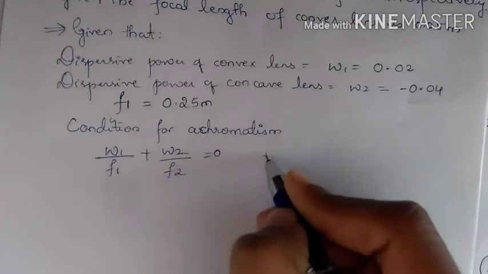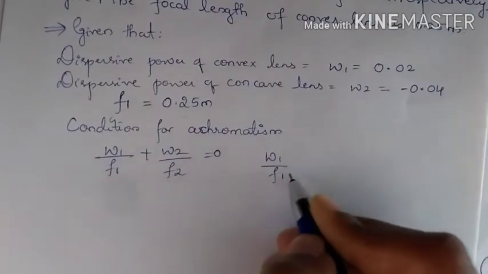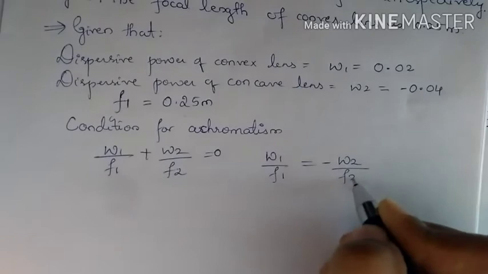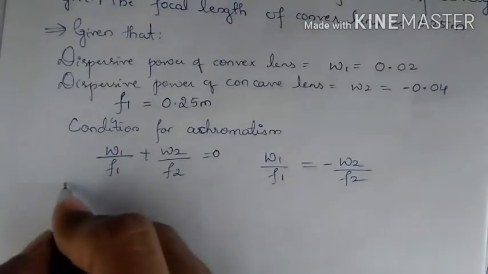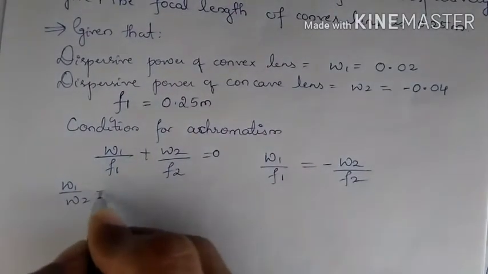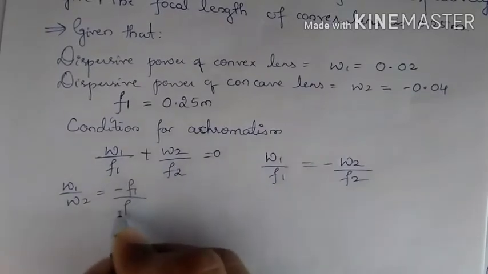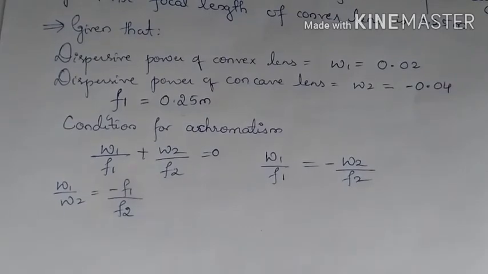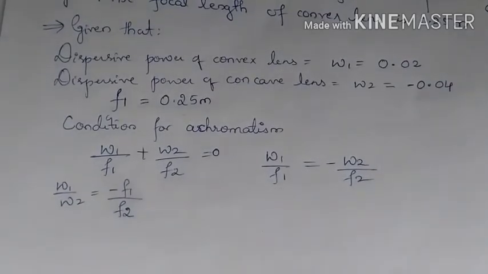So omega 1 by f1 will be equal to minus omega 2 by f2. This can be written as omega 1 by omega 2 is equal to minus f1 by f2. So this is the condition for achromatism in terms of the ratio of f1 by f2.